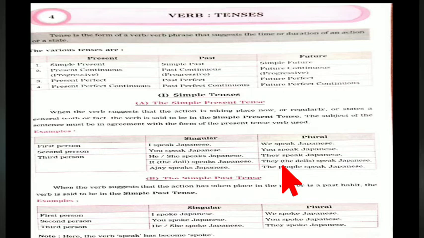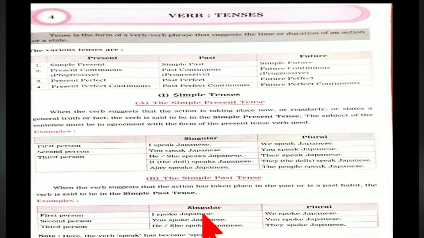Now coming to the simple past tense. Now simple past tense, when the verb suggests that the action has taken place in the past or is a past habit, the verb is said to be in the simple past. Now if you look here, I spoke Japanese, we spoke Japanese. I is a singular form, then we is a plural form.